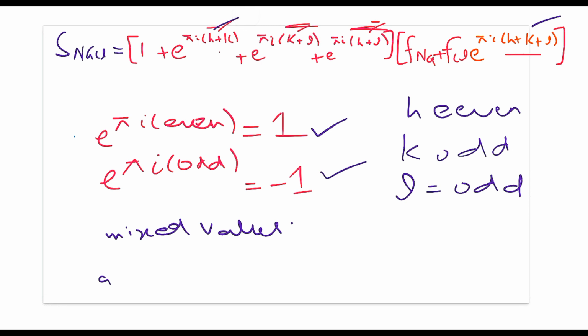For the first, H plus K, even plus odd gives an odd number, so we have -1.